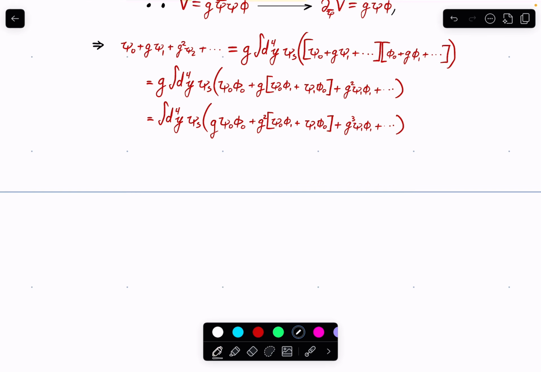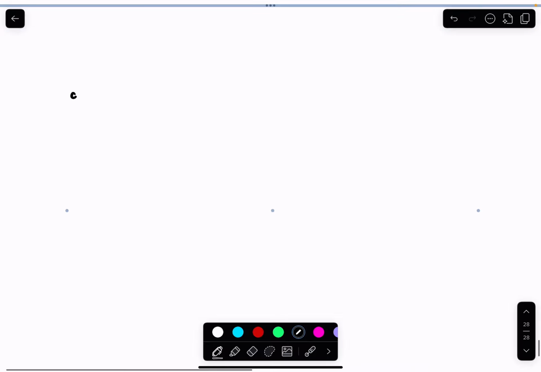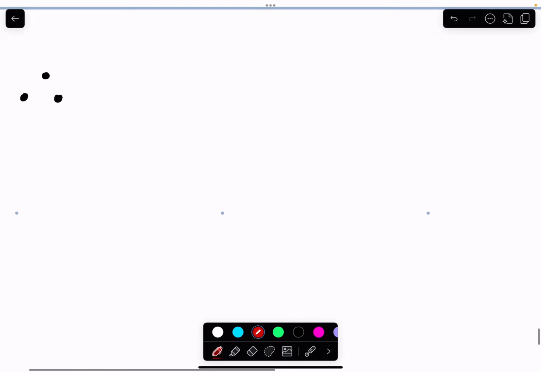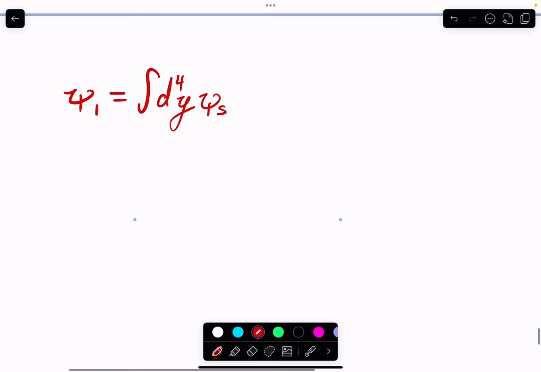So let's see what this means for the solutions. So now we're going to equate terms with only one G and with G squared. And we're going to put those right here. So therefore, the first one is C1, which is the integral d4y special solution. And it's just going to be C naught and then phi naught.